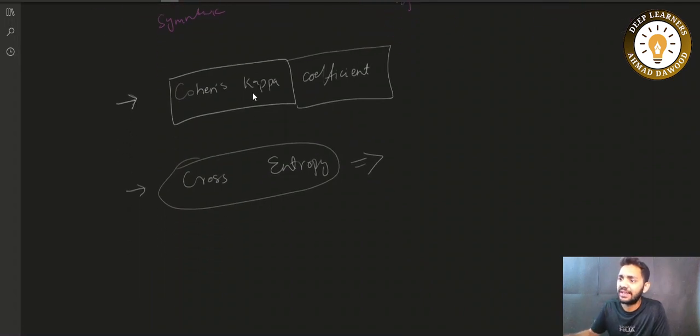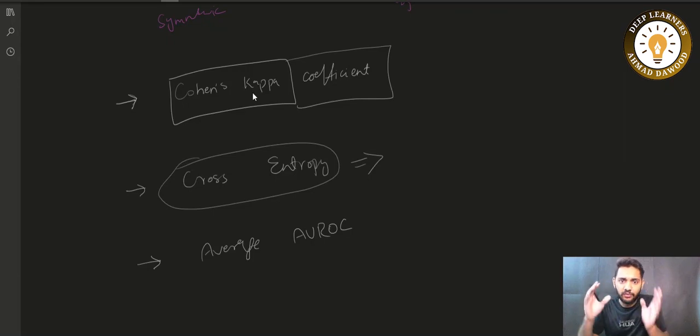Also, there is a measure I have discussed before: the average area under the ROC curve. People calculate the area under the ROC curve with respect to each class, by constructing the confusion matrix. Let's say if you have a 4 by 4 confusion matrix, you can construct 4 different confusion matrices.